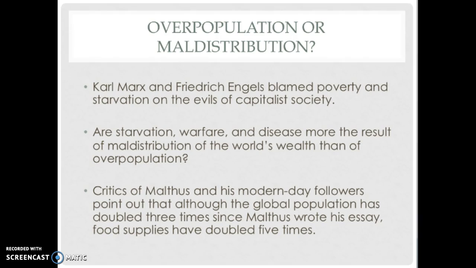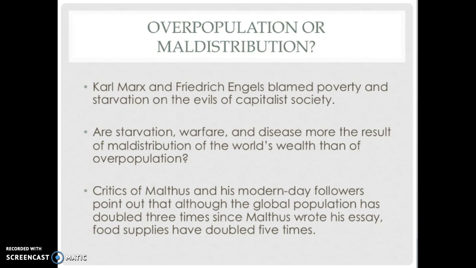So a more pronounced, refined, and sound explanation was put forward by Karl Marx and Engels in the few decades after Malthus. We can begin to ask ourselves, are starvation, warfare, and disease more the result of maldistribution of the world's wealth than of overpopulation? That's a central question we'll raise throughout the course.